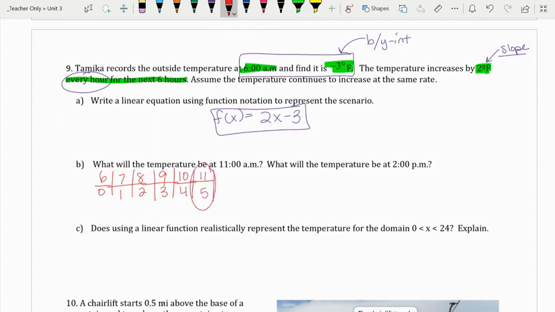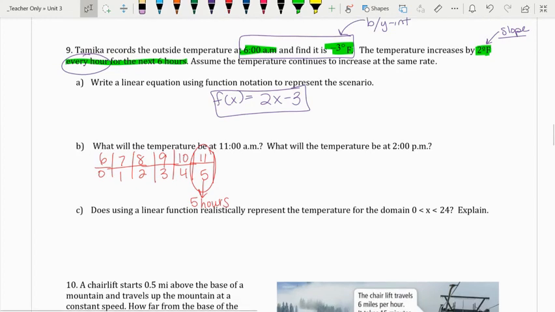So this is 5 hours, right? So we're really talking about plugging in 5 for x, not plugging in 11. Okay, there's a difference. So temperature at 11 would be 2 times 5 minus 3, which is 10 minus 3, which is 7 degrees Fahrenheit.